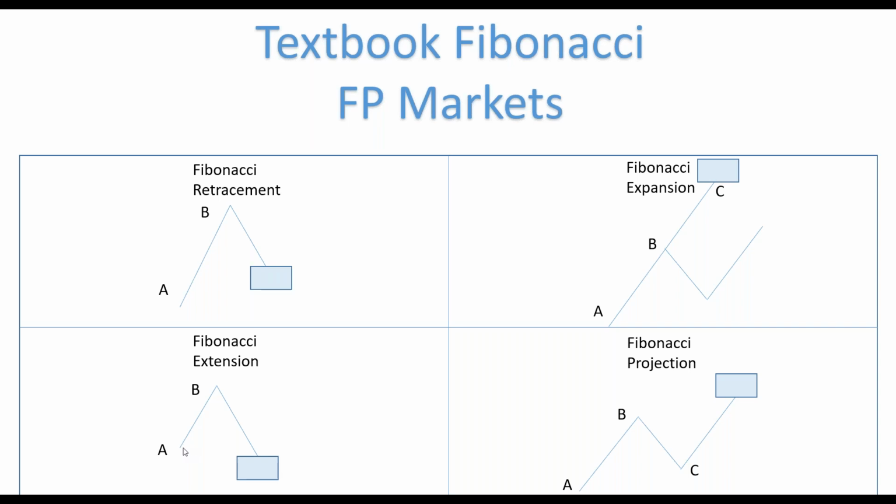Okay, and for me personally, I only focus on the 1.272 and 1.618 extensions. I know some other patterns do focus on the deeper levels, but for me, I tend to focus just on those two values. And to the right of things, we have what's known as the Fibonacci expansion.